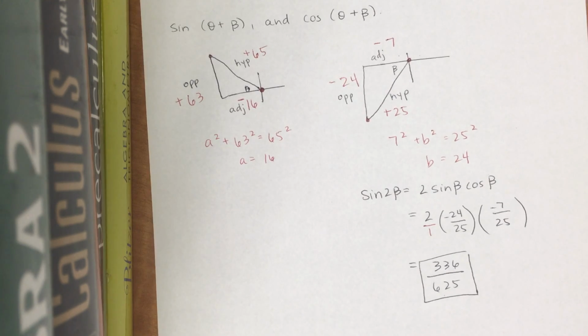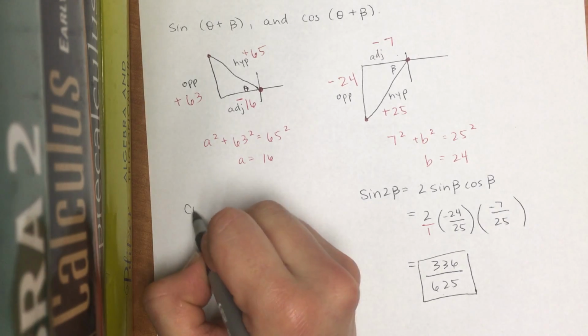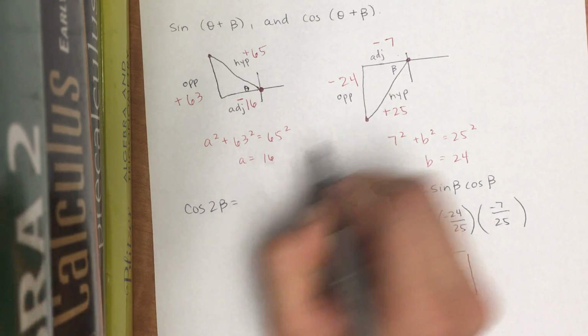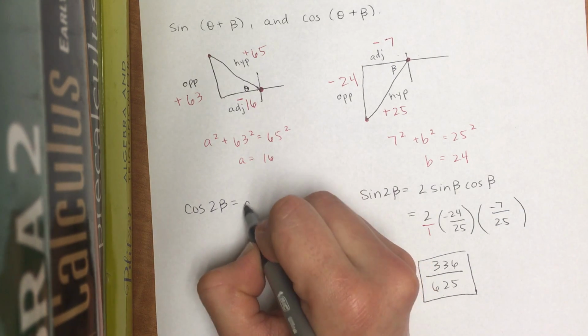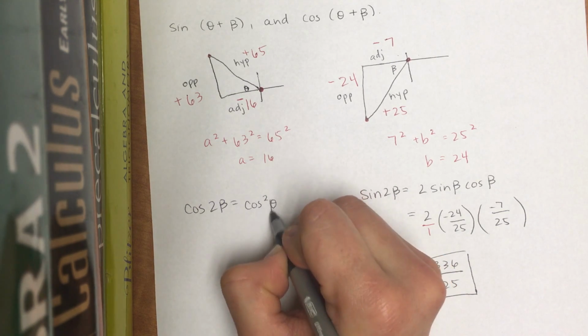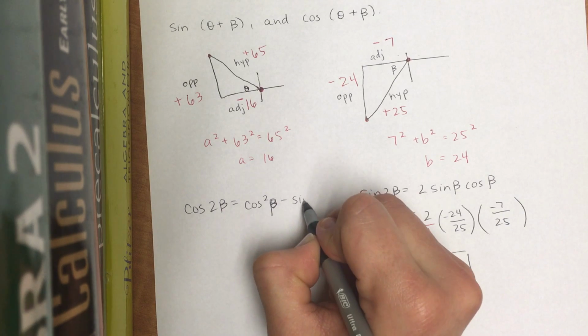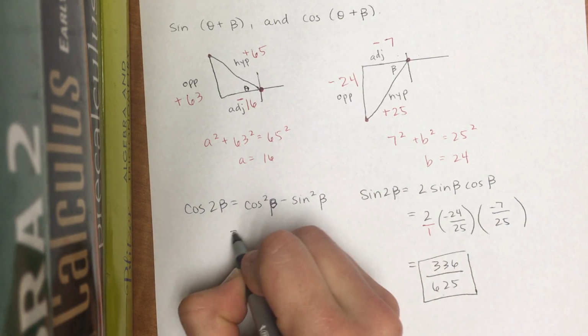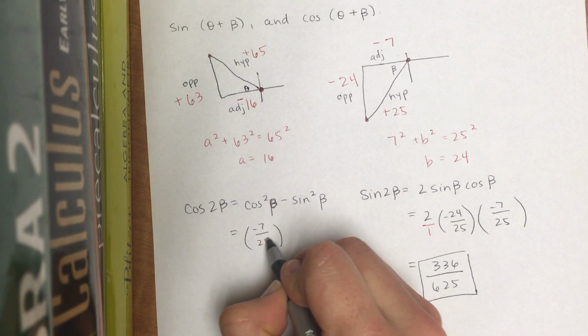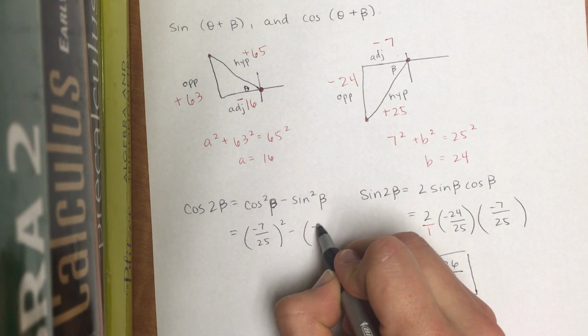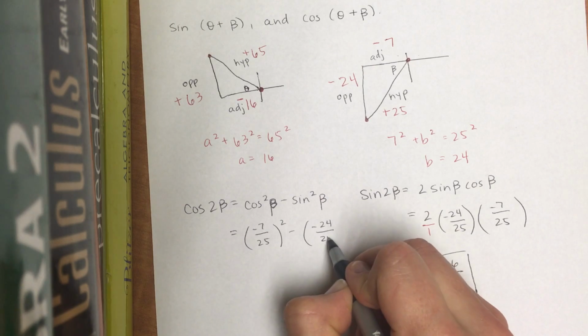All right, we also can figure out what our cosine fraction is, cosine 2 beta. I'm writing it here, but it's dealing with this triangle, the beta triangle. And you can use either of those 3 cosine identities. I'm going to use cosine squared beta minus sine squared beta. Replace cosine with its K fraction. Replace sine with its SO fraction.